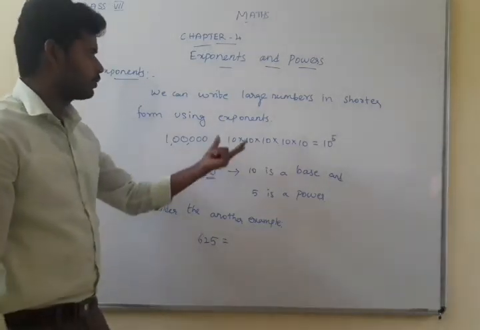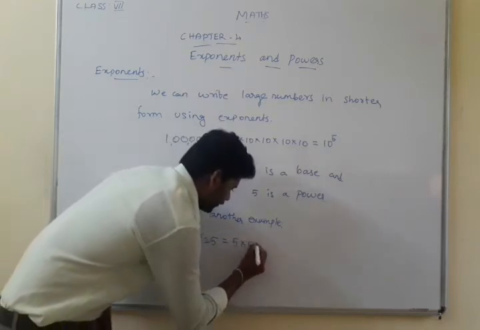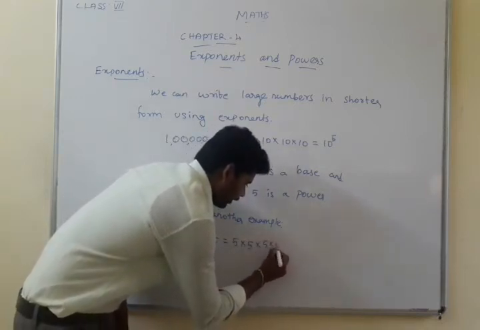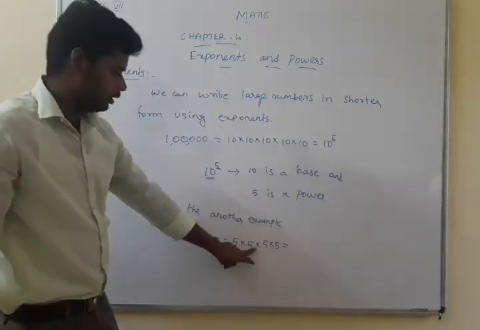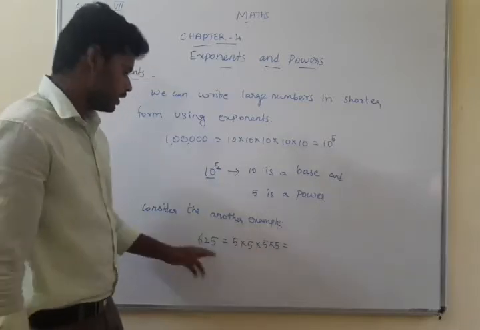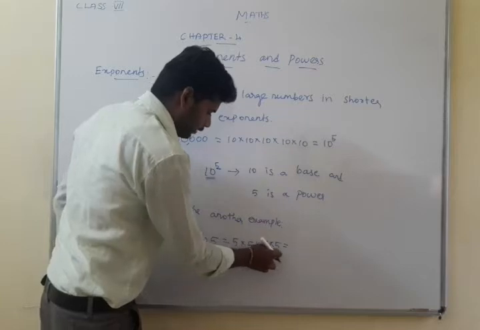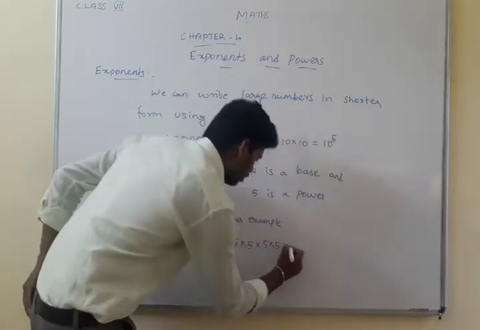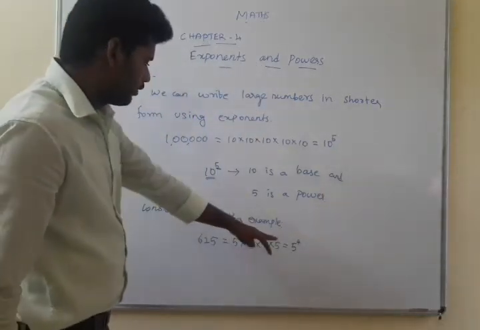How to write it in exponent form? 5 into 5 into 5 into 5. 5 5s are 25. 25 5s are 125. 125 5s are 625. So here it is 5 into 5 into 5 into 5, four times, so 5 power 4.